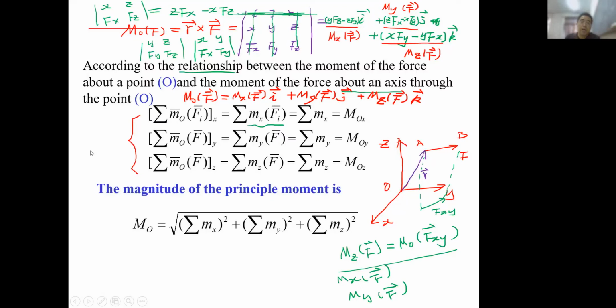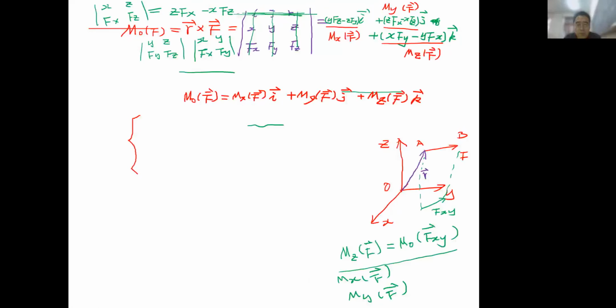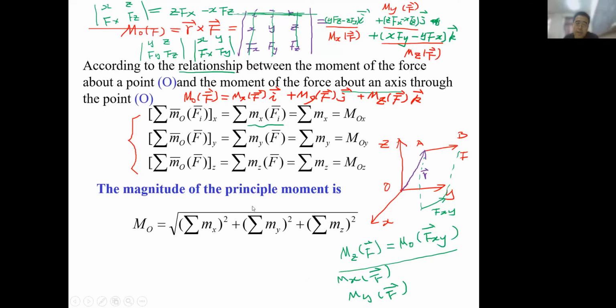Equals this. So back to our result here, why do we have this? Because we have finished talking about the principal vector R prime. So this time we are talking about the principal moment Mo, right? And we find that Mo is in the moments about the three axes.